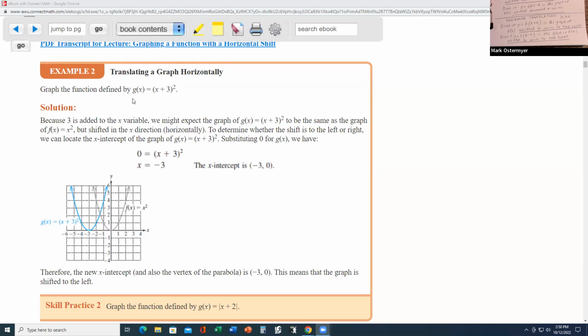Suppose we form a new function g of x, which is f of x plus 3, giving you x plus 3 squared. The graph of g of x is this blue parabola opening upwards, which is the gray graph shifted 3 units to the left. Notice, x plus 3 shifts left, not to the right.